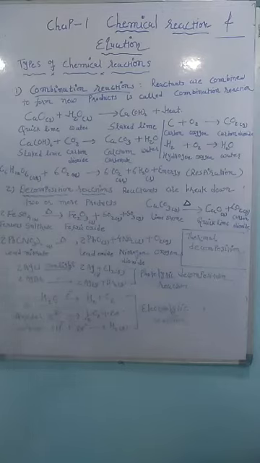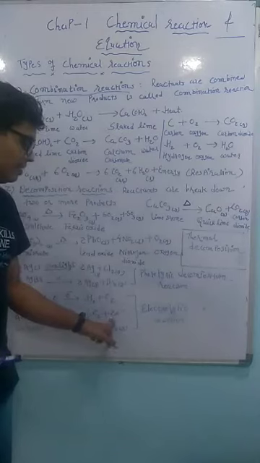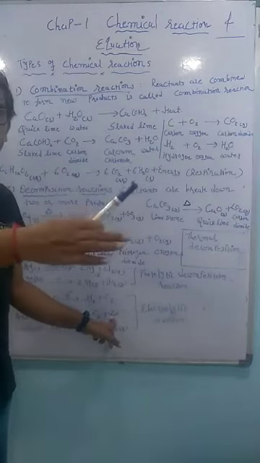Now think: what is an oxidation reaction? You already learned the old definition, that oxidation means addition of oxygen and removal of hydrogen. But now you have to remember another theory. An oxidation reaction is the reaction in which electrons are generated, electrons are produced.